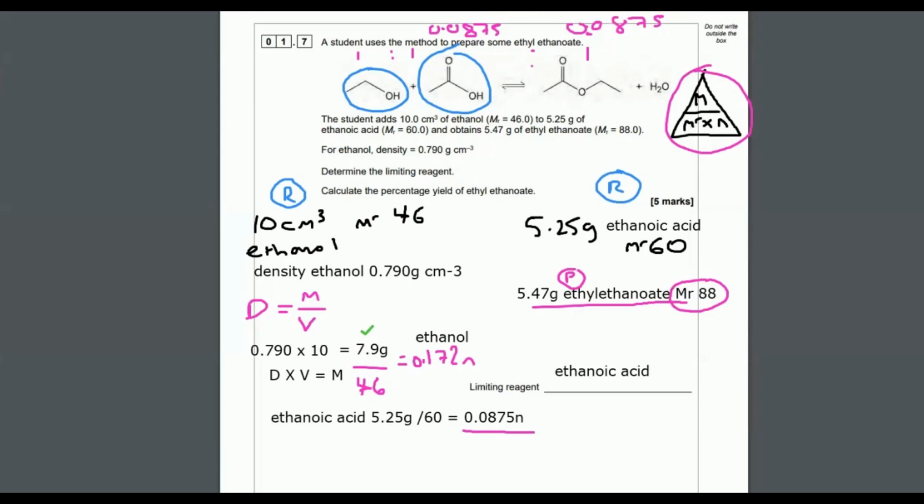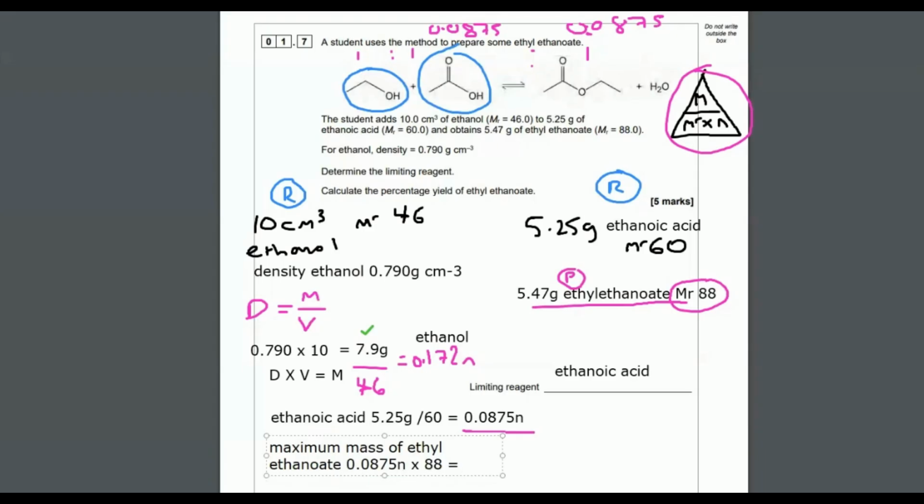So let's see what the maximum mass of ethyl ethanoate is. Maximum mass of ethyl ethanoate produced is going to be 0.0875 moles times 88.